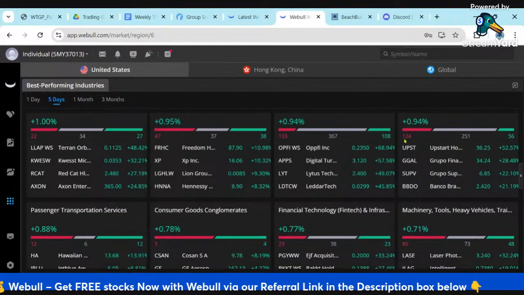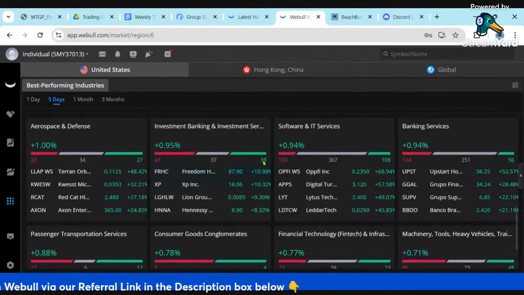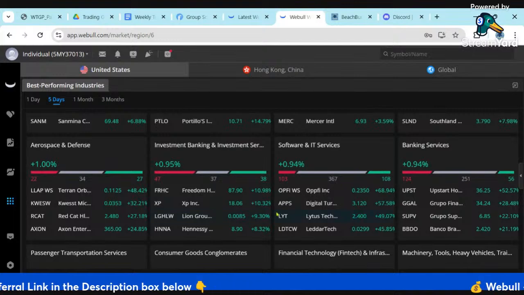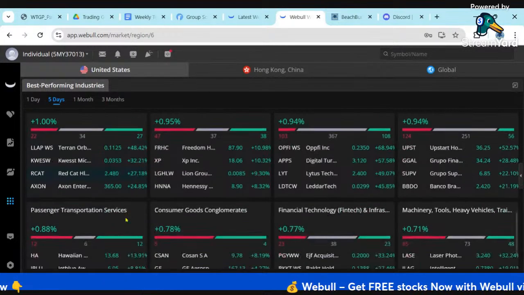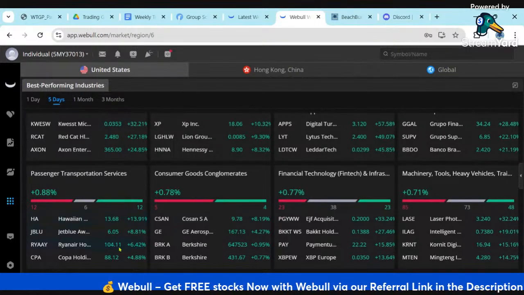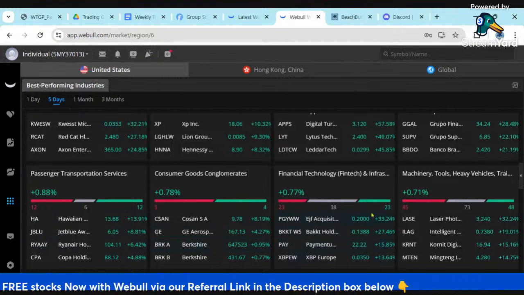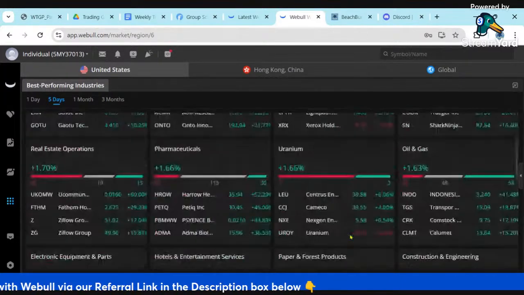Banking, again, more negatives than positives. Software pretty even. Aerospace pretty balanced. So again, a lot of volatility, a lot of chop, but overall, no strong trend. Fintech, again, all pretty balanced.